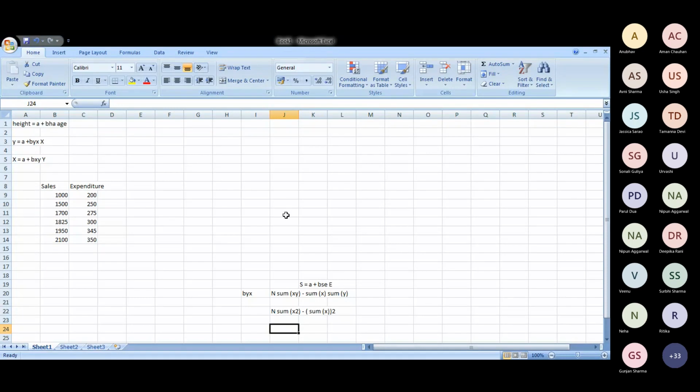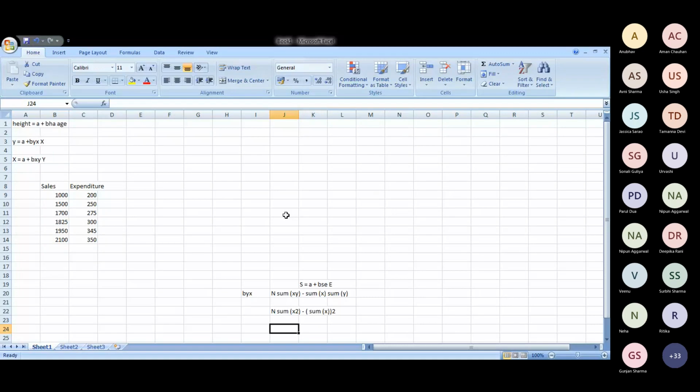So the formula becomes n summation xy minus summation x into summation y, divided by n summation x square minus summation x whole square.